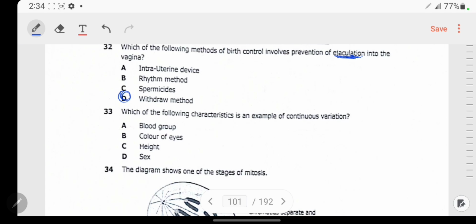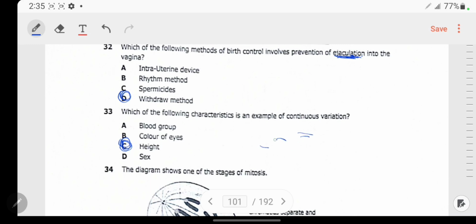So there are a lot of intermediates. Now, for discontinuous, when you are male, you are male. If you are female, you are female. The blood, you are either blood group A, B, and all that. So the one that has got a lot of intermediates is height. So height is a continuous variation. One might be this high, high, high.